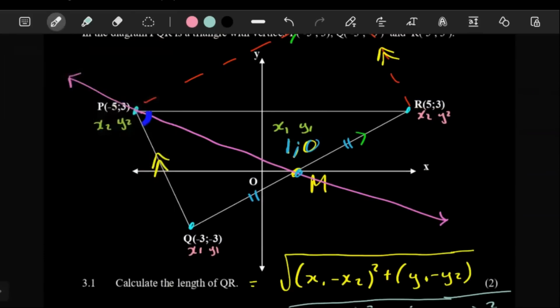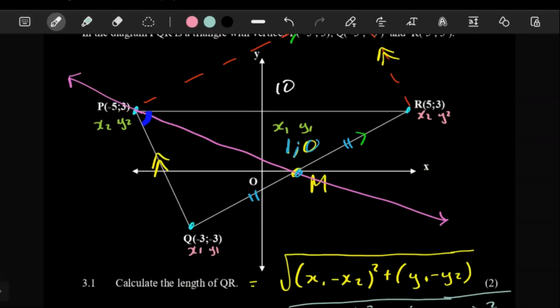We have the distances of these lines, so we can use the cosine rule to get this angle, because this distance we can work out. From -5 here to +5 there, that's 10, because the y value there is the same as the y value there.